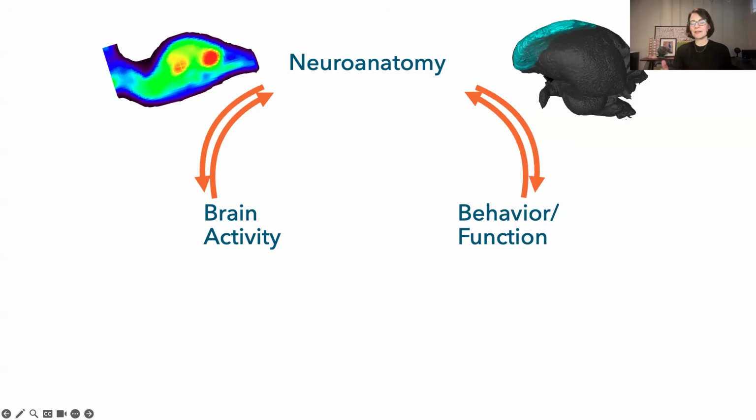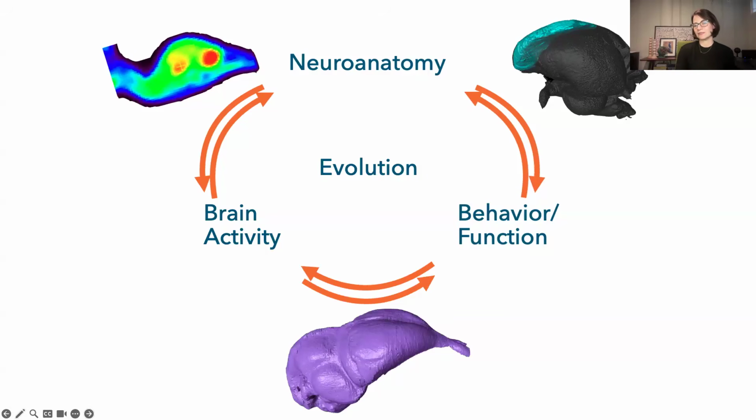And then what's unique about my lab is that we put this into a broader evolutionary context so that we can understand something about the origins of behaviors and how these relationships between these different things might actually change through time. So we use the fossil record to do this.